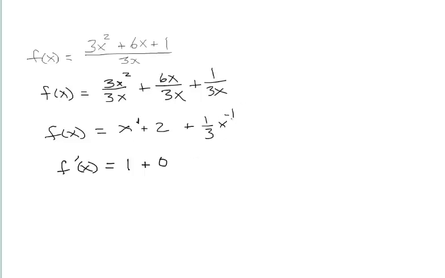And now we multiply negative 1 times 1/3, so we end up with negative 1/3, and then we subtract 1 from the exponent, x to the negative 2. And now we're going to take time to rewrite it, get rid of our negative exponents. So we have 1 minus 1 divided by 3x squared. And that's it for this video.